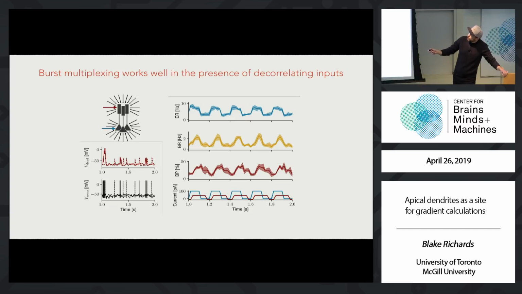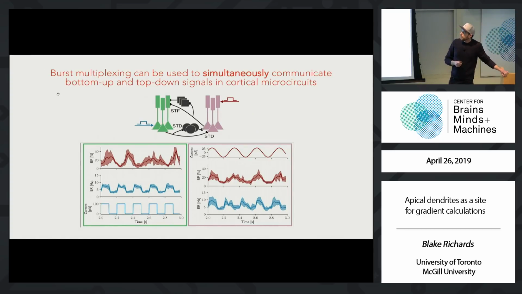Again, you can see the event rate tracking the perisomatic current and the burst probability tracking fairly closely the apical dendrite input, even though there's all these other Poisson inputs. Okay, so what Richard and I got talking about was that potentially what you could do is you could use this to simultaneously broadcast a bottom-up and top-down stream of information.